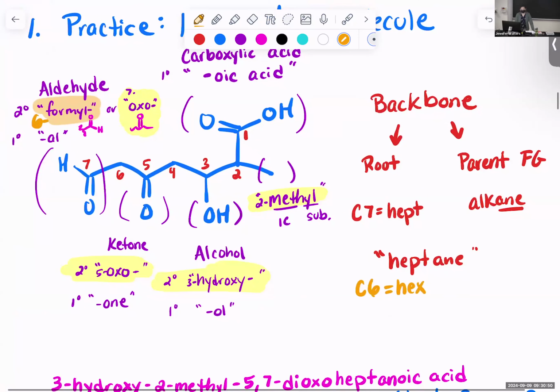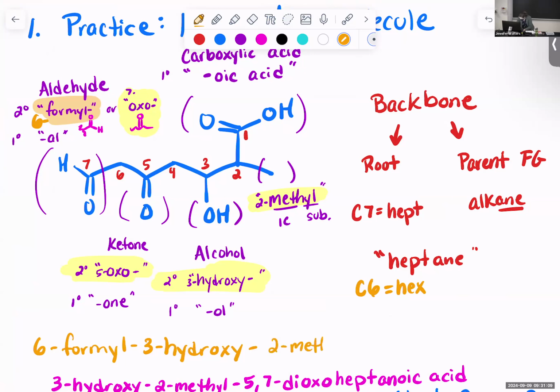I would now get A, B, C, D, E, F. Yeah, F comes first. 6-formyl, 3-hydroxy, M is still next, 2-methyl, 5-oxo, for the ketone, ketones are always oxo, hexanoic acid.